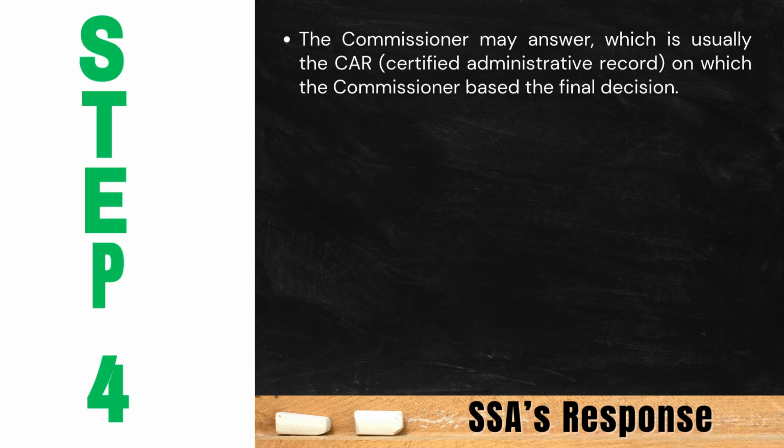Let's assume that the complainant has filed the civil action. Let's look at the Social Security Administration's response. Now, the commissioner may answer, and for its answer, it usually uses the certified administrative record on which it based the final decision.